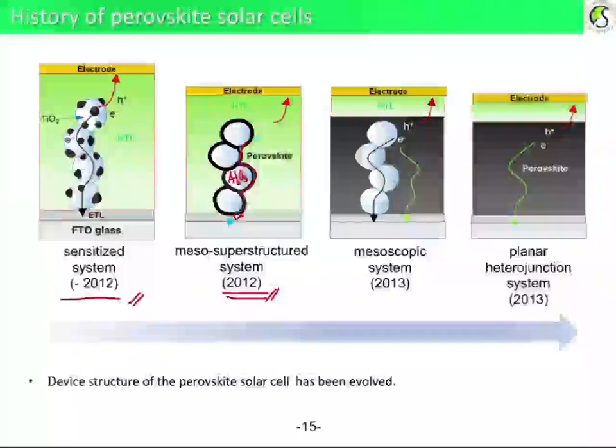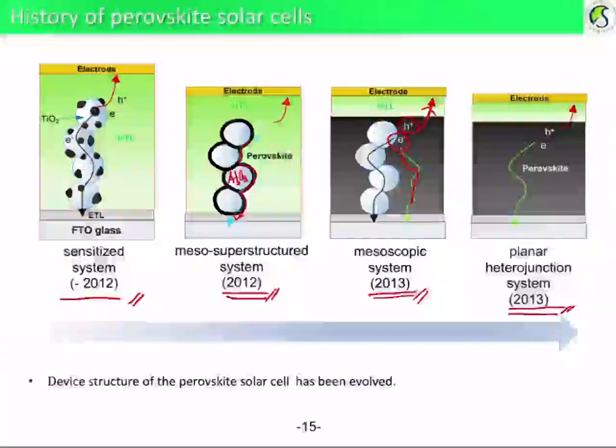And then from this study, people found that the perovskite itself can transport the charge. So later, the mesoscopic system and the planar heterojunction system were developed, where the charge is transported through the perovskite layer.